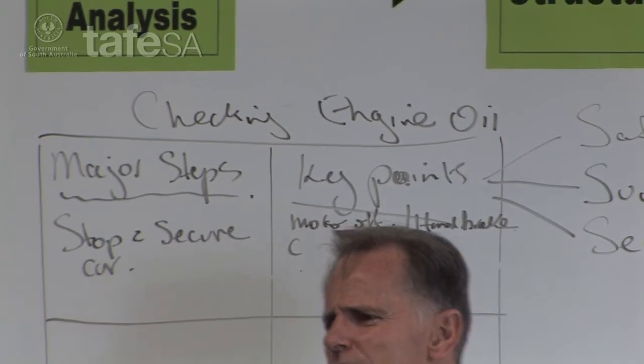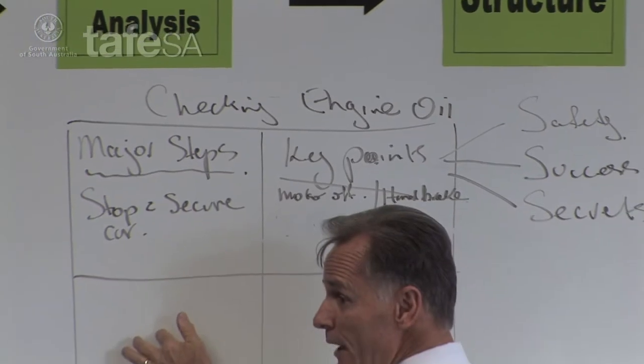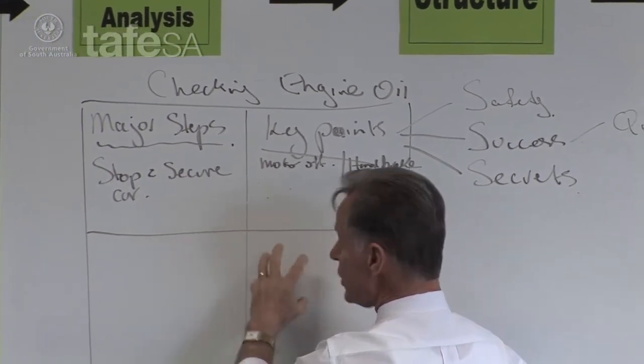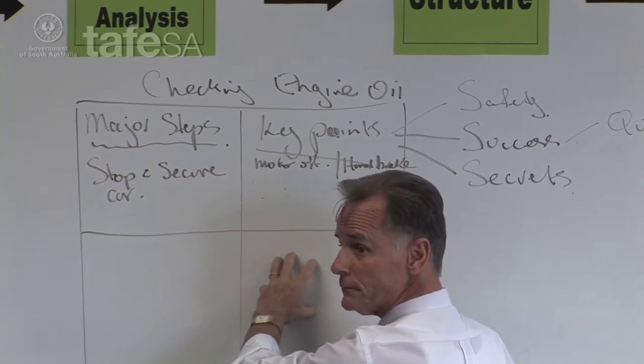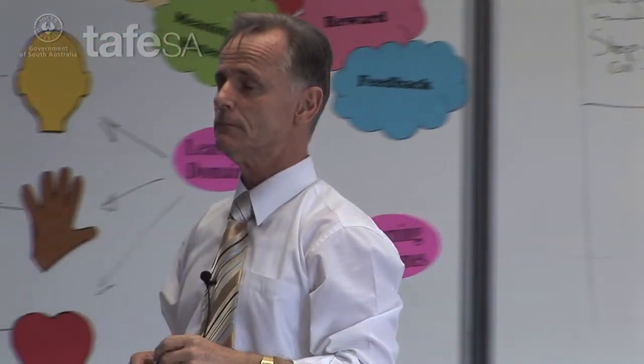Yeah, I may not even put that in at this stage. In fact, I might save that as a key point for when I've lifted the bonnet and I'm about to lift it. I may say be careful of the hot motor then, so it's fresh in their mind. How long do you have to have it sit on a flat surface before the oil generally settles? Good point.